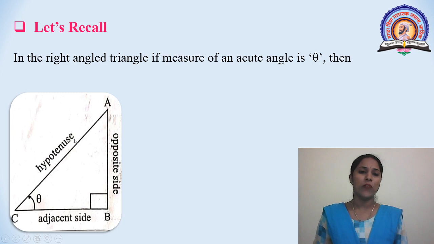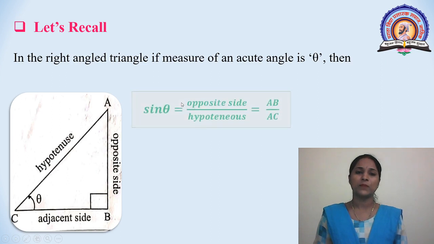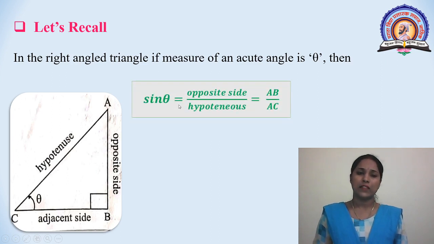By using this triangle, we have to find all 6 trigonometric ratios, that is sin theta, cos theta, tan theta, sec theta, cosec theta, and cot theta. We first find sin theta. Sin theta is equal to opposite side divided by hypotenuse. Here opposite side is AB and hypotenuse is AC, that is AB divided by AC.